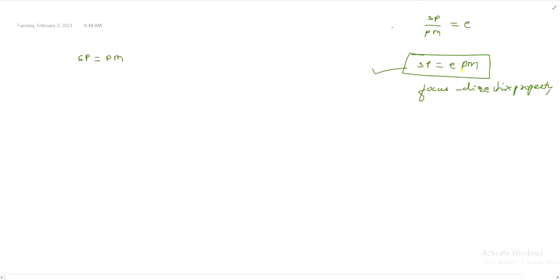So here in case of parabola, if you remember, by the definition of parabola we have E is equal to 1. From this one, by using the focus directrix property, we get SP is equal to PM. But if you remember, from the distance formula, SP is under root x minus a bracket square plus y square, and the perpendicular distance PM is equal to mod of x plus a.